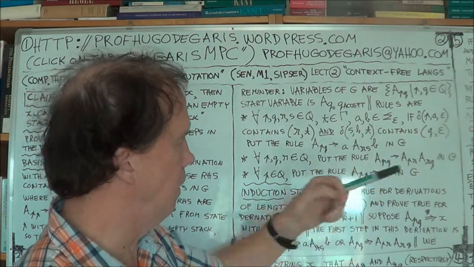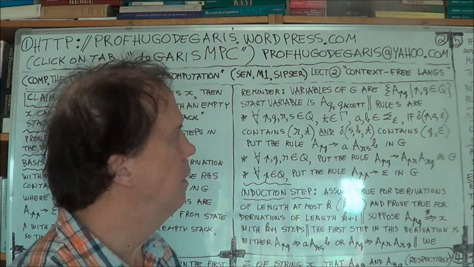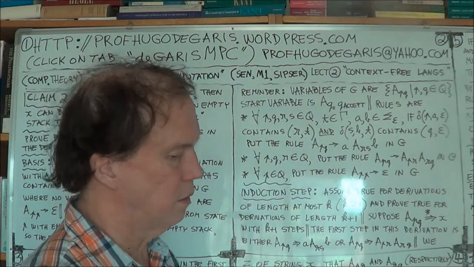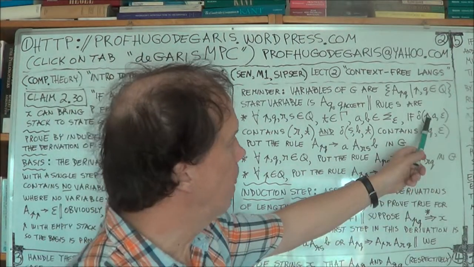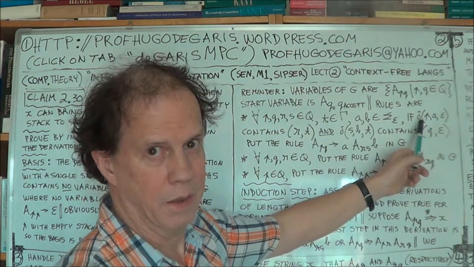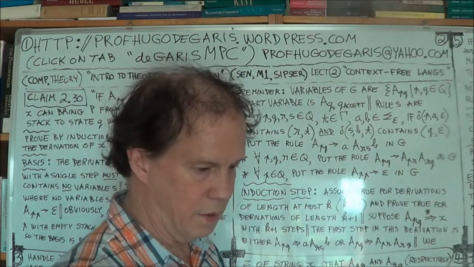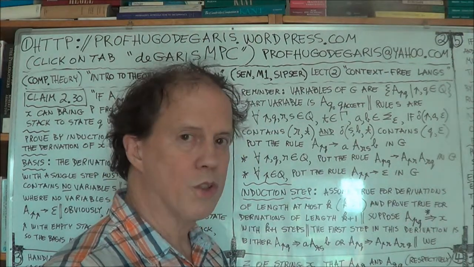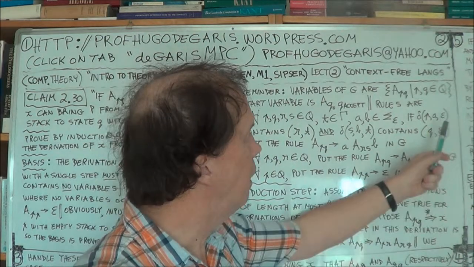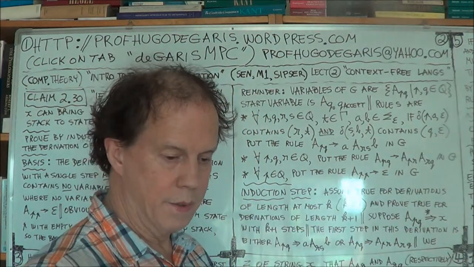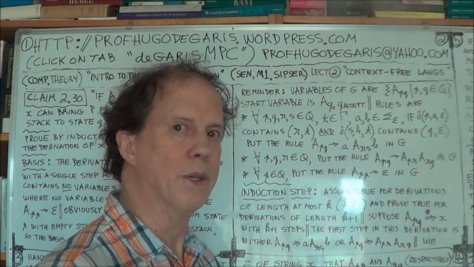What's going on here? Remember the order of the three parameters in your PDA transition rule. The first one is the current state of the PDA. The second one is the input symbol currently being read. And the third one is the symbol at the top of the stack at that moment.